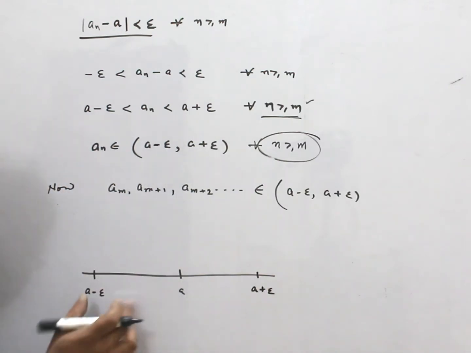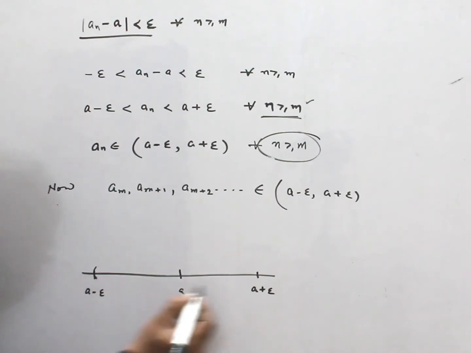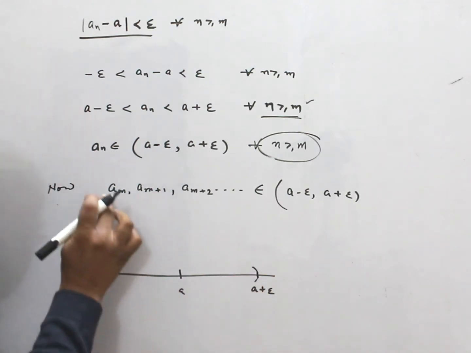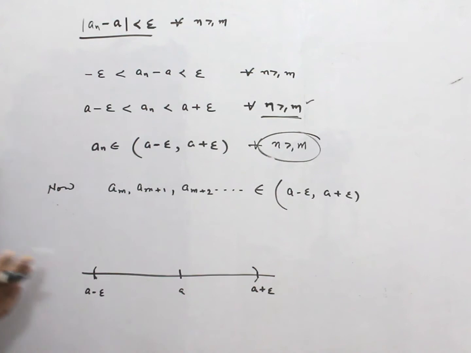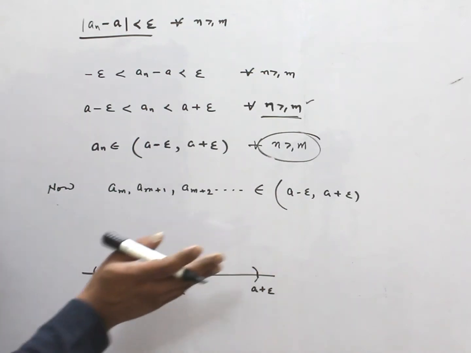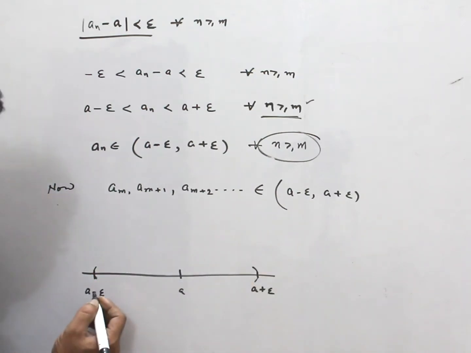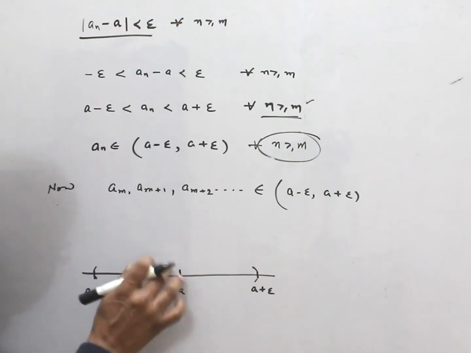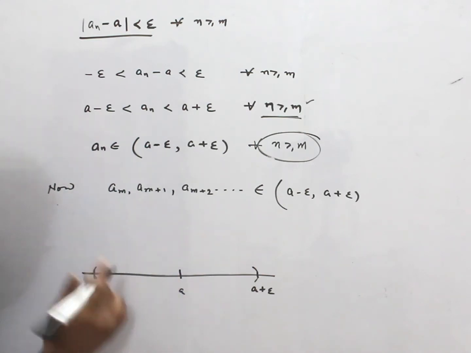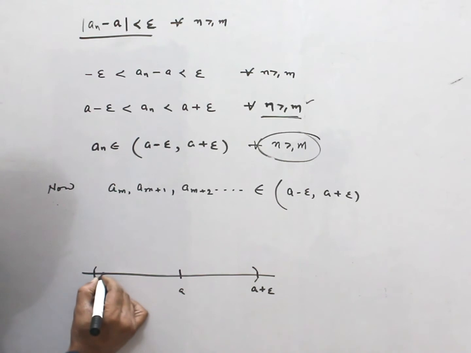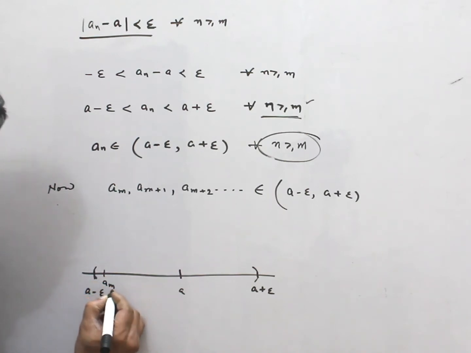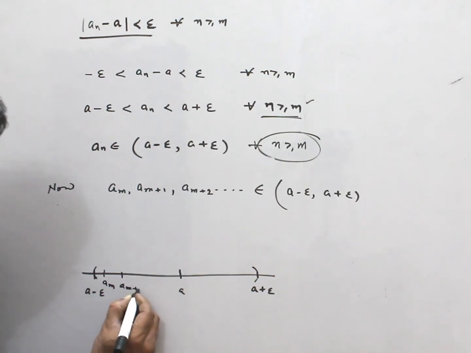So in this open interval, aN will be somewhere here and aN plus 1 will be here.